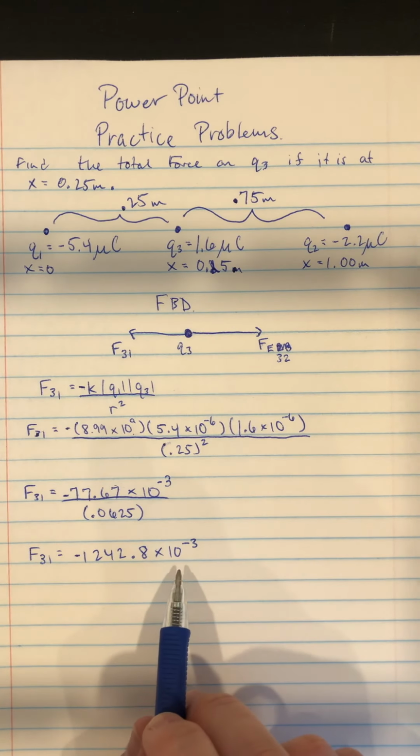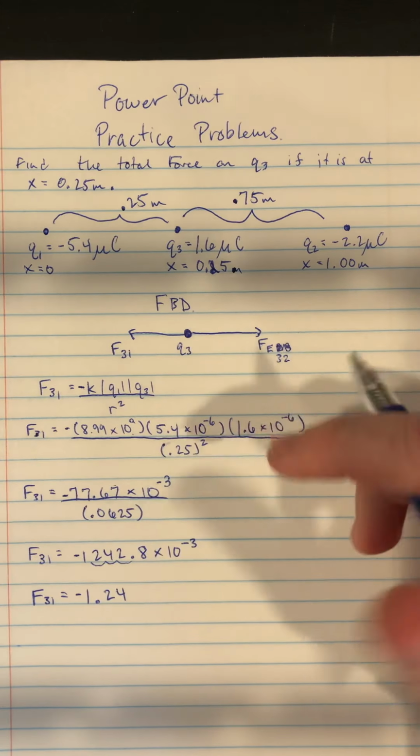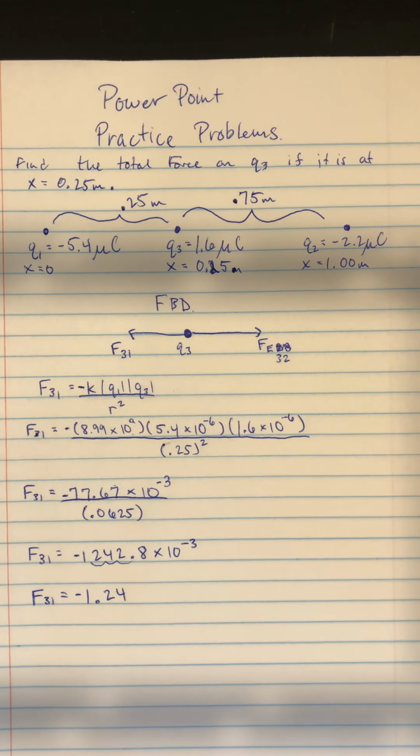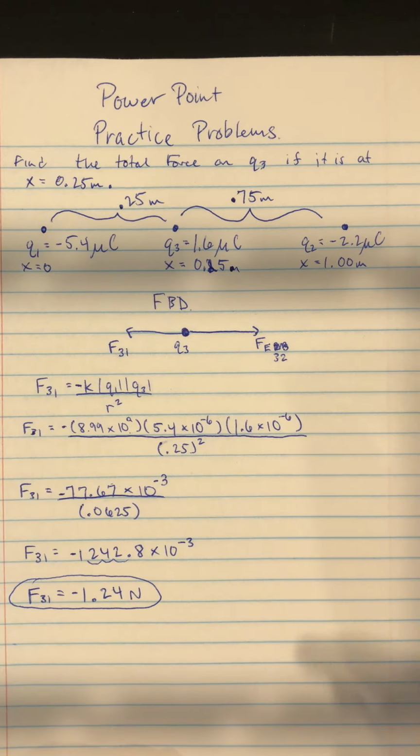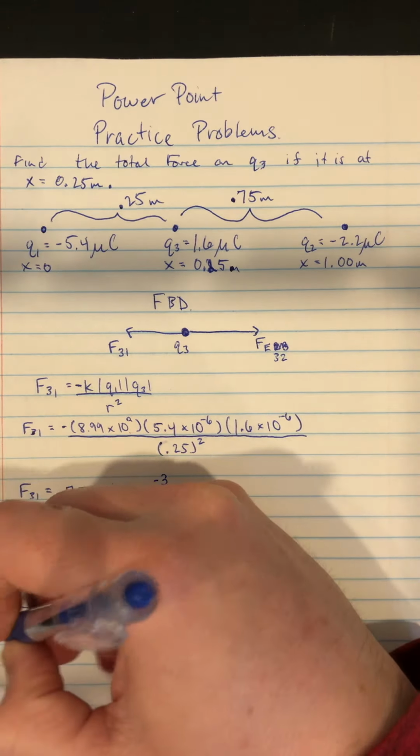And we'll get the force is negative 1.24. And then we can cut off the rest because that doesn't really matter a whole lot now. So we get negative 1.24 newtons from charge 1. And then I'm going to run out of space a little bit here, so I'll try and squeeze it in at the bottom.